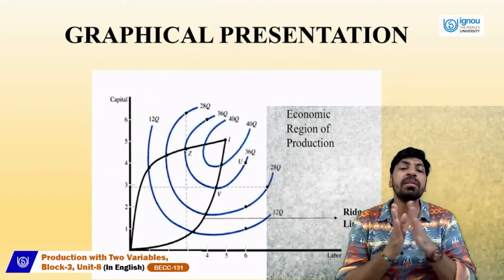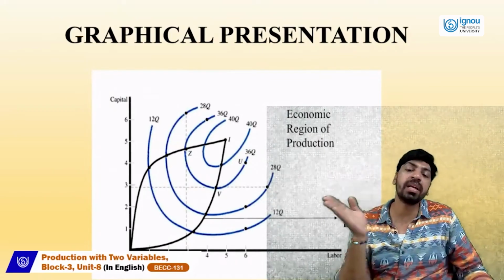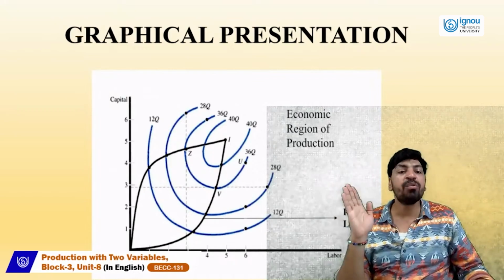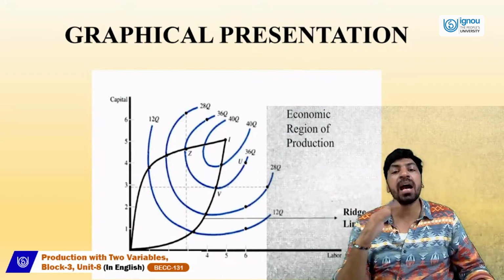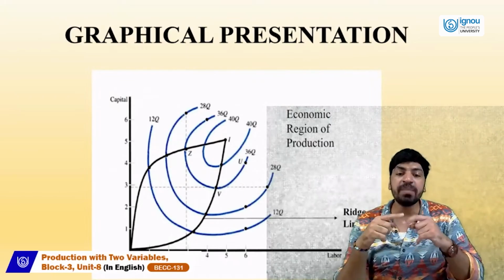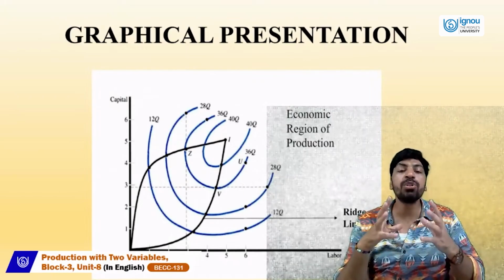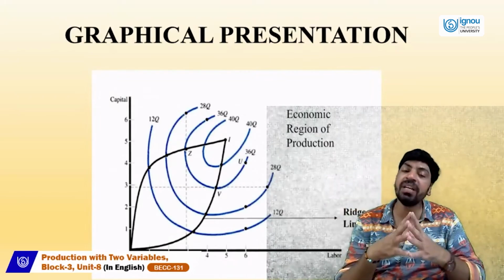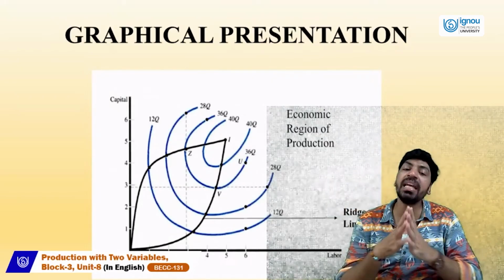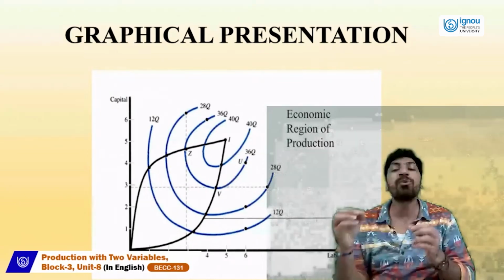On the screen, the four isoquant curves are drawn, and the ridge lines cover the portion of all the isoquants which have a negatively sloped curve.